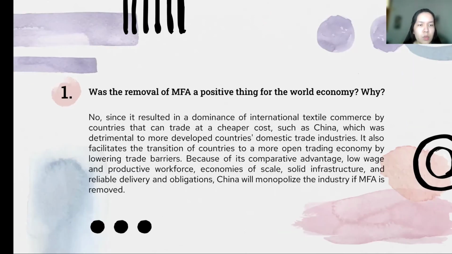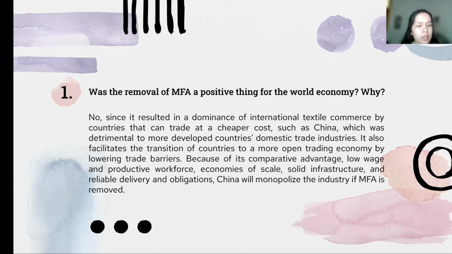So the first question is, was the removal of the MFA a positive thing for the world economy? Why? Based on our group discussion, our answer is no, since it resulted in a dominance of international textile commerce by countries that can trade at a cheaper cost, such as China, which was detrimental to more developed countries' domestic trade industries.